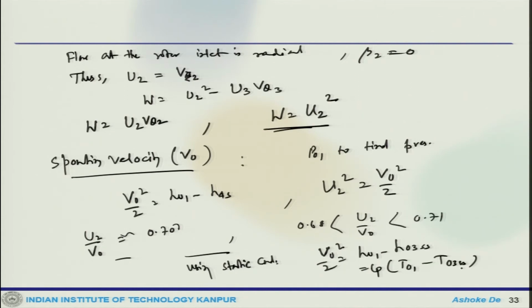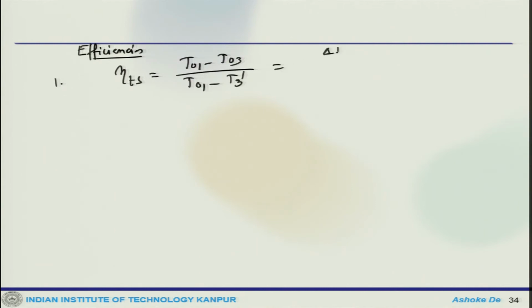Similarly, there are efficiencies for radial flow turbine which can be defined. One is the turbine total to static efficiency, which will be T naught 1 minus T naught 3 over T naught 1 minus T 3 prime, which is delta T naught by T naught 1 minus T 3 prime. These all correspond to that HS diagram.